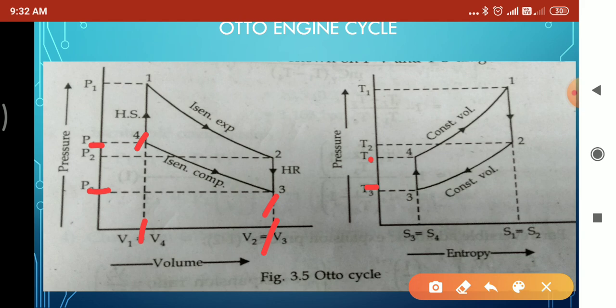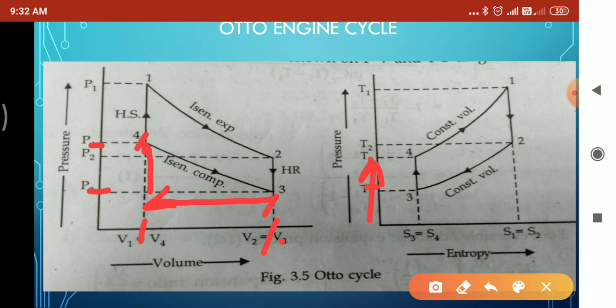But in this process, temperature increases from T3 to T4, due to compression, and volume decreases from V3 to V4, and due to compression, pressure also increases from P3 to P4.